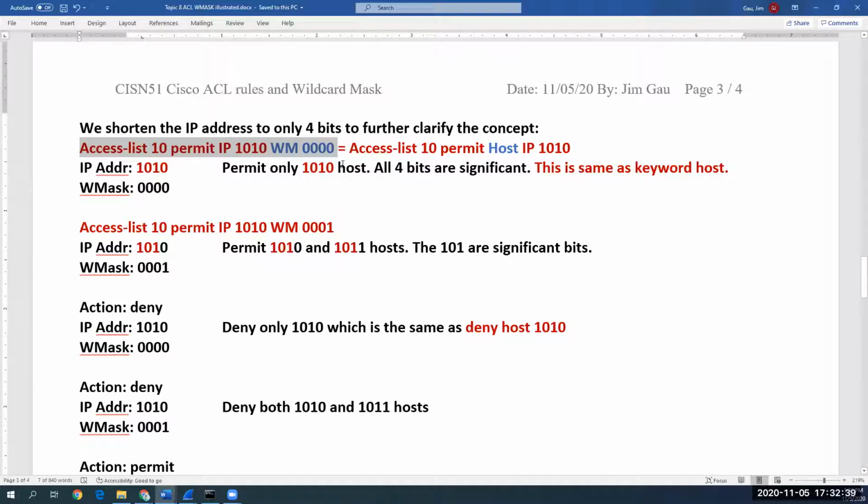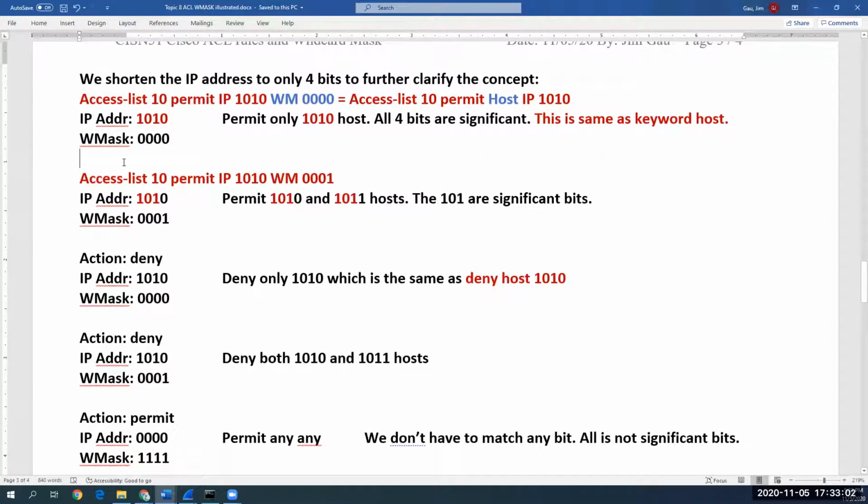And that one person is similar to, say, the same as the keyword host. Therefore, we can say access list 10 permit host with the IP of 1010. So the WM of all zeros here is the same as the keyword host.